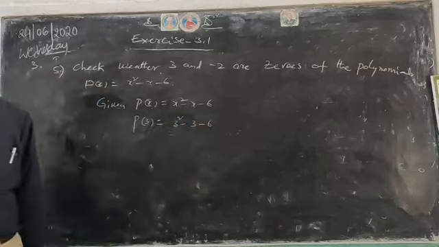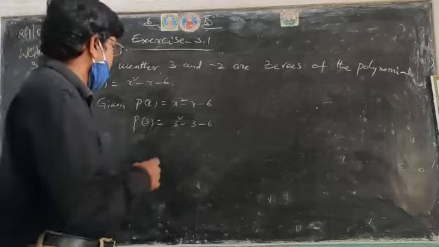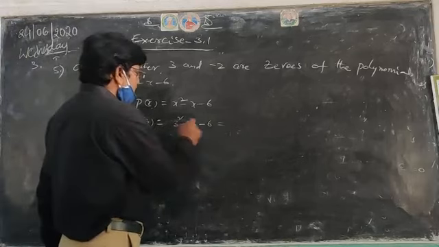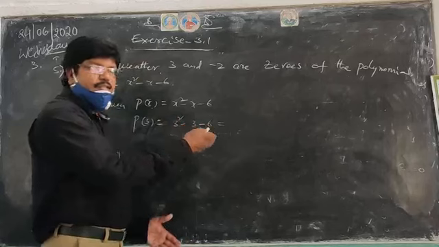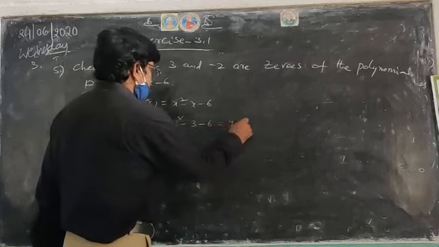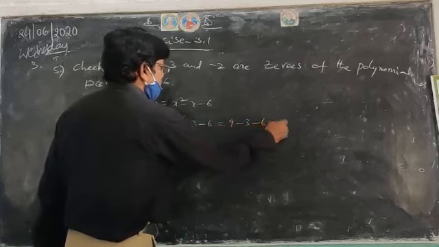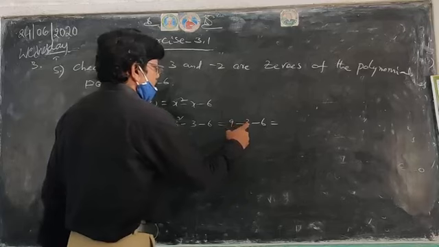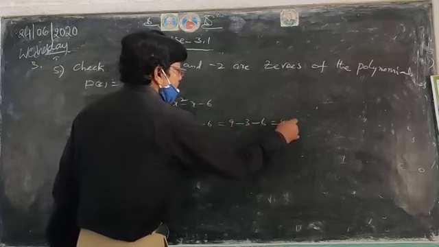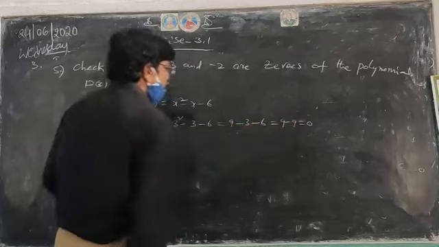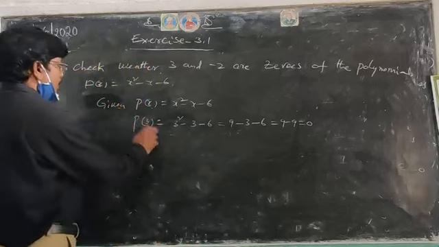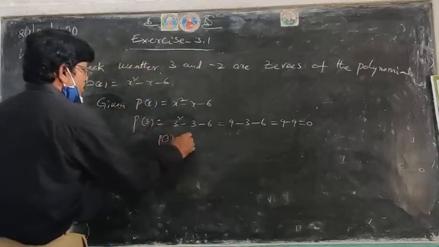Is there any difficulty? It's very simple. Now what is 3 square? 3 into 3, 9. 9 minus 3 minus 6, minus 9, 9 minus 9 is 0. Therefore P of 3 equal to 0.